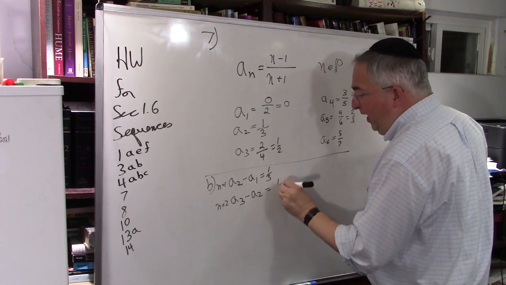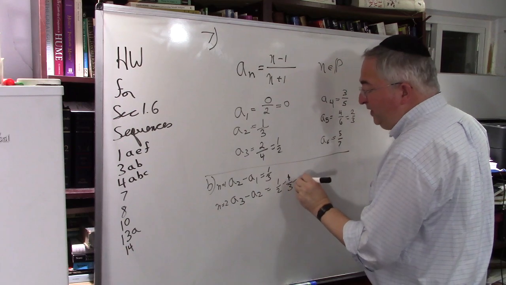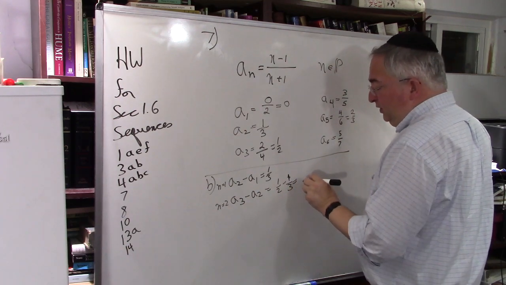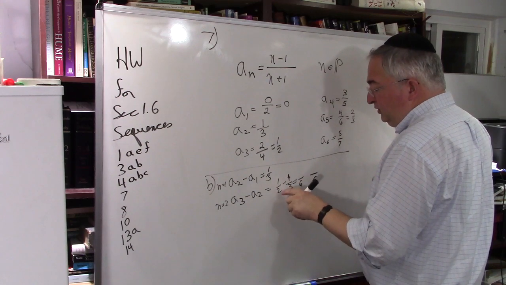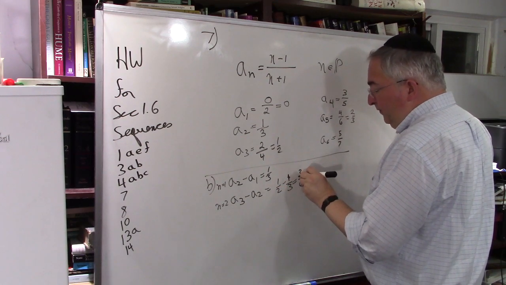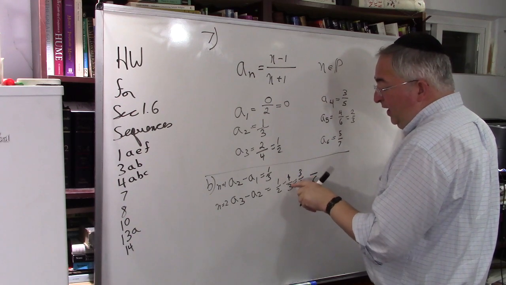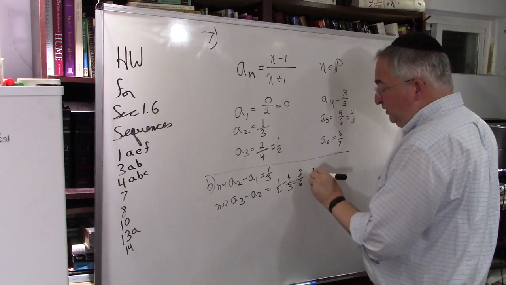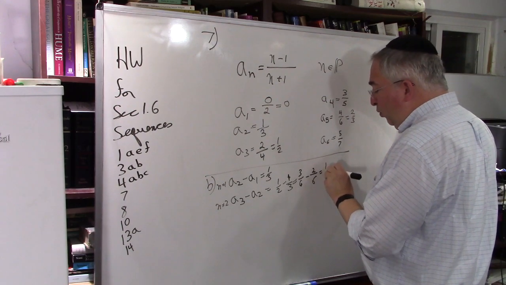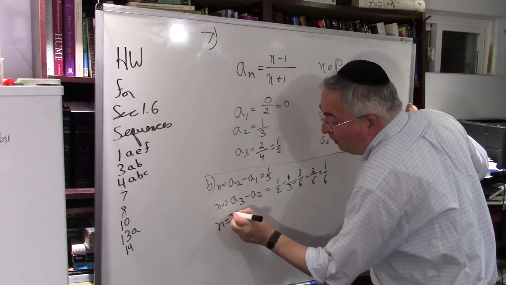A3 minus A2 is what? It's equal to a half minus a third. What's a half minus a third? So let's make this 6 and 6. So that's 3/6 is another way of saying a half, and 1/3 is another way of saying 2/6. So you're going to subtract that, you're going to get 1/6. Very nice. Now n is equal to 3.